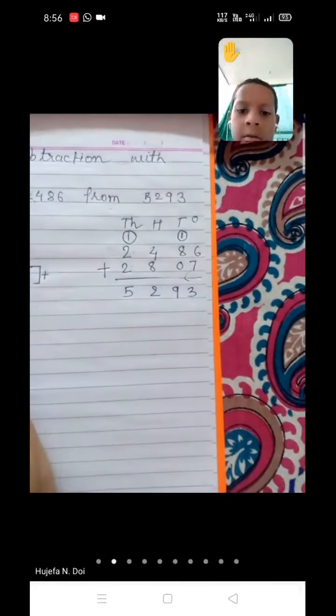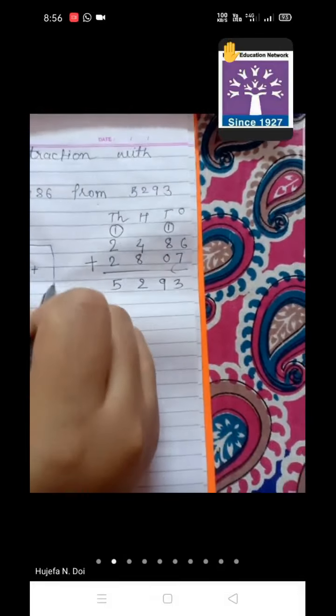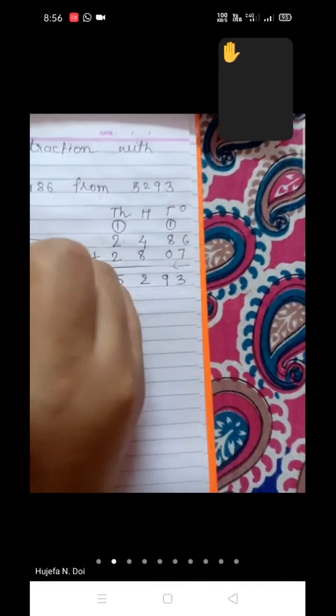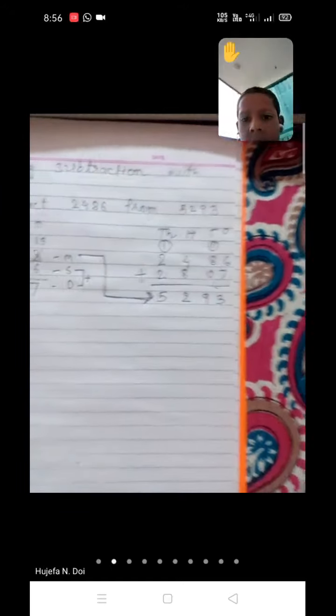So you can see that it's 5293. Means both answers are same. So your subtraction is correct.